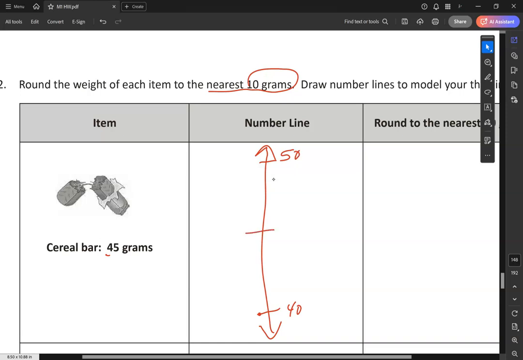My halfway would be 45. And I need to plot 45. Wait a minute, it's in the middle. But remember what I told you. If it's 5 or more, you raise the score. So it's 45 or more. So we're going to round up to the nearest 10, which would be 50 grams.